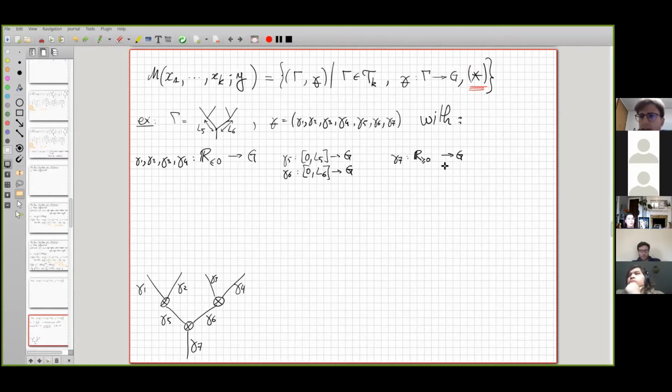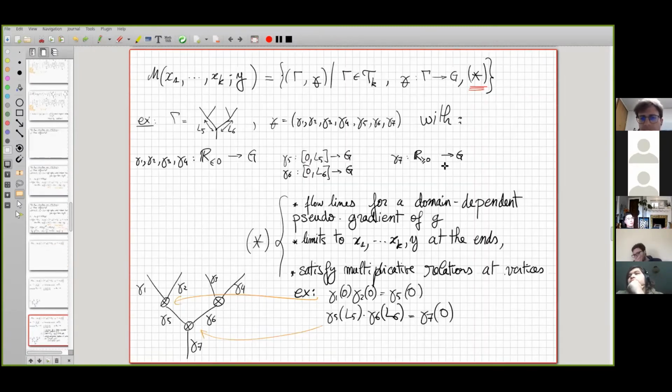And then the condition that this should satisfy is that these are all flow lines for a pseudo-gradient of the Morse function, and for transversality reasons, we would need these pseudo-gradients to be domain dependent. Then at the limits, at the inputs and the outputs, you want the critical point that you start with to be at the ends.